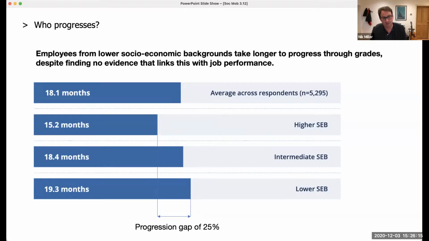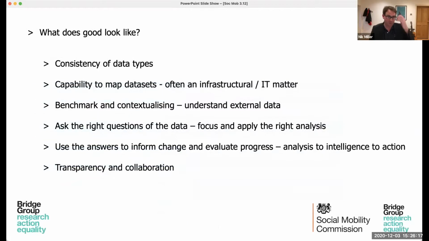So my final minutes here, what does good look like? And I'm only going to talk through this quickly because I'm sure it's come up in the previous discussions. This consistency of data collection is absolutely vital, which is why the publication last week from the Social Mobility Commission is so invaluable. The capability to map data sets, so to connect information about employees' socioeconomic backgrounds with their occupational area, progression, etc. We often find that's not a cultural issue.